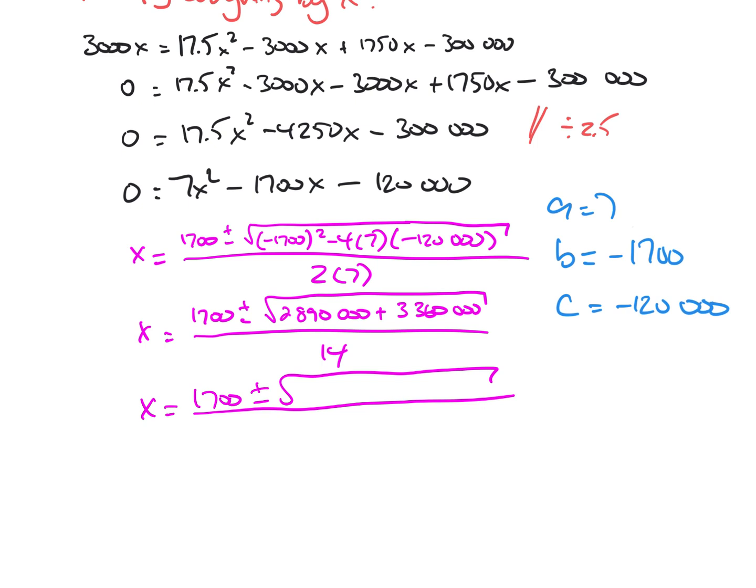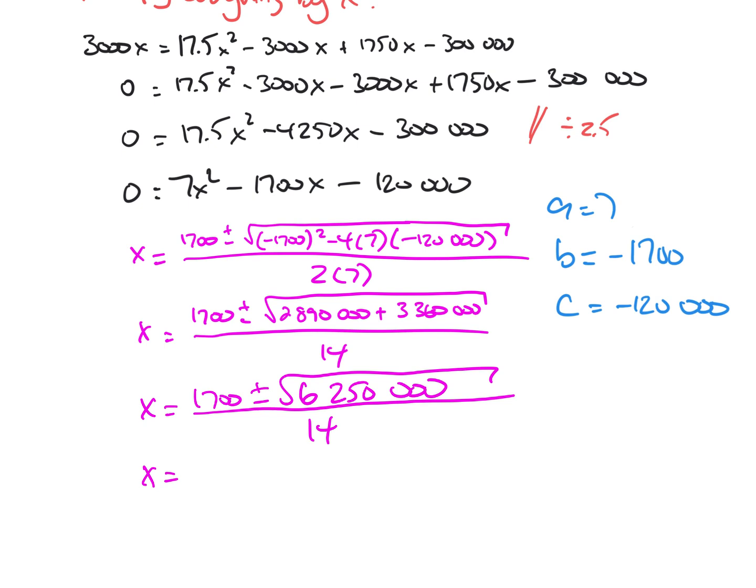So we're adding the numbers underneath the square root. We add them together and we get a really nice number. We get 6,250,000. Now it's a really nice number because it's a perfect square.